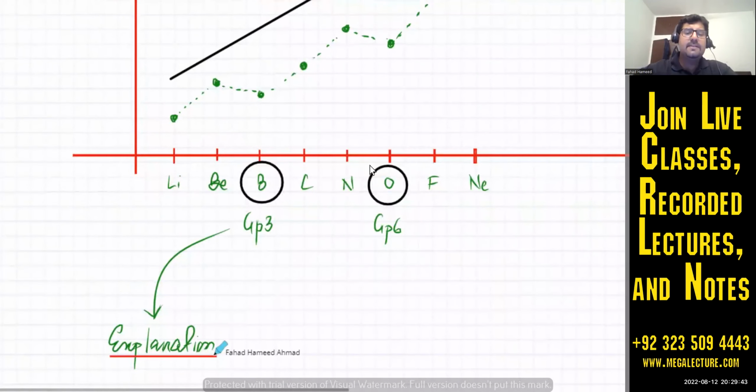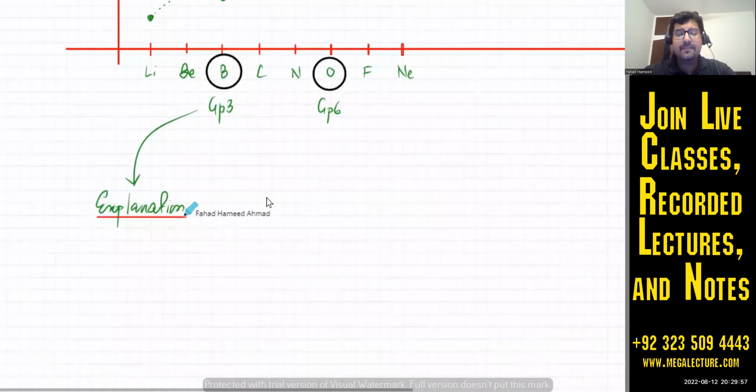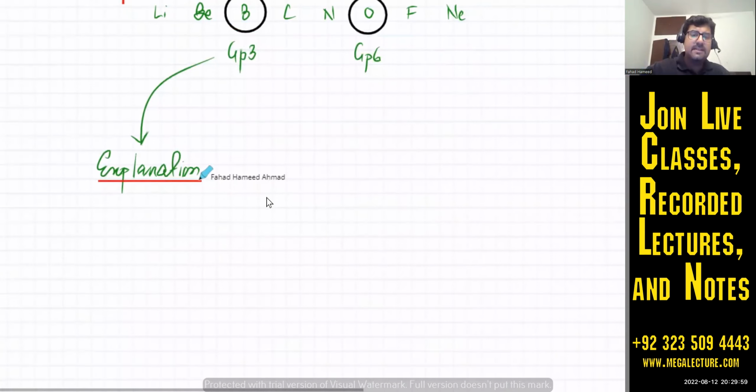Boron should have had a higher ionization energy, but instead it's not following the pattern. The ionization energy suddenly drops. So what changes when you're at beryllium, and what happens when you move towards boron? The orbital arrangement changes.